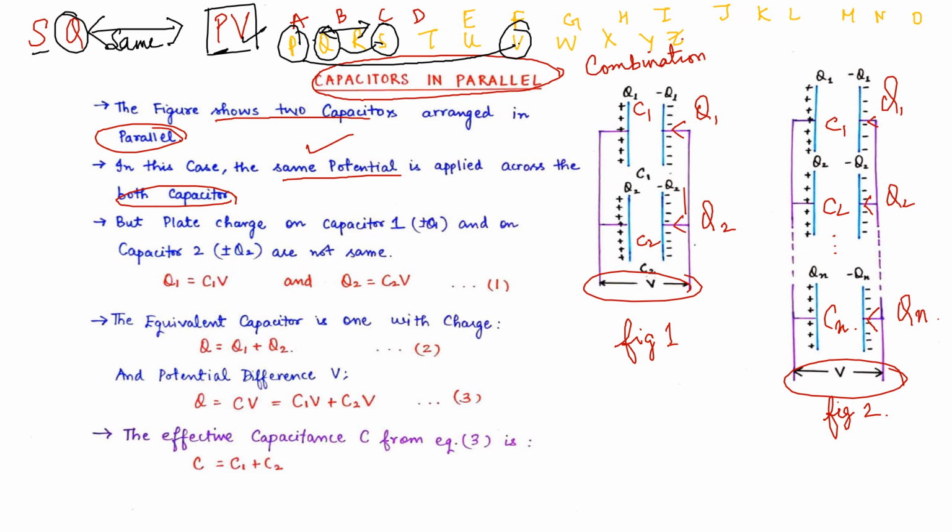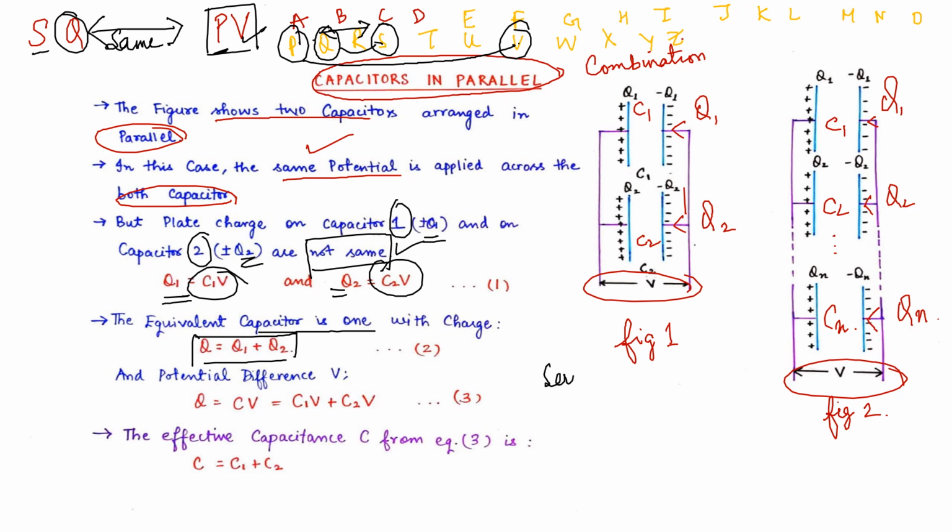But the plate charge on capacitor 1 is plus Q1 and on capacitor 2 is plus Q2, which are not same. So Q1 is given as C1V and Q2 is given as C2V. The equivalent capacitor is one with the charge Q equals Q1 plus Q2.